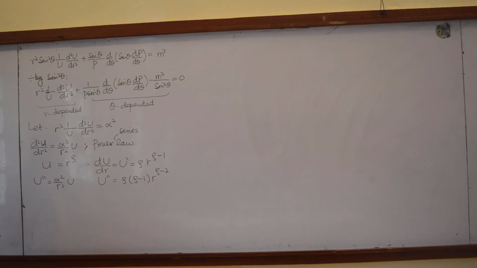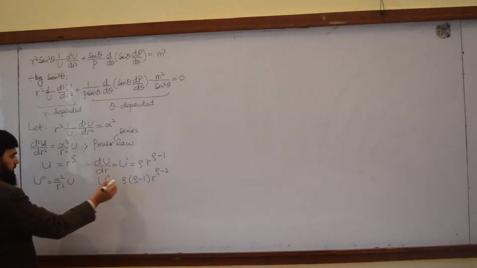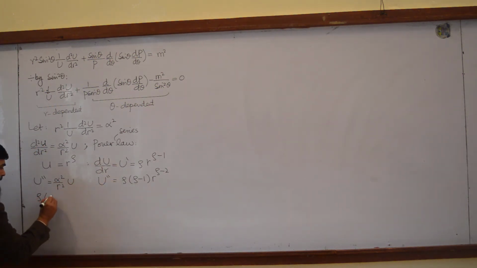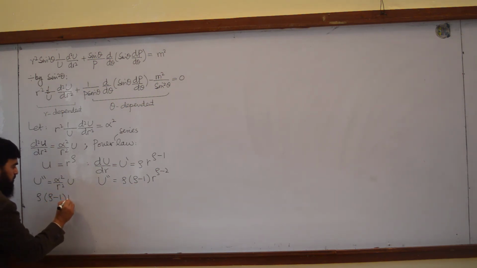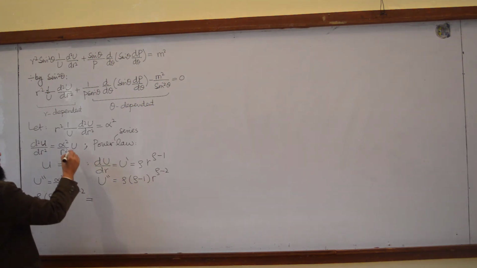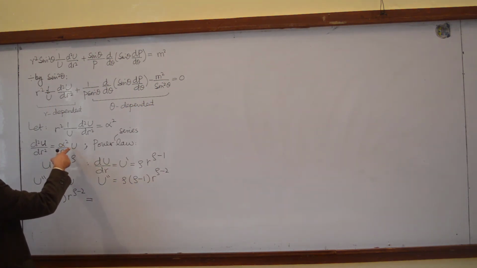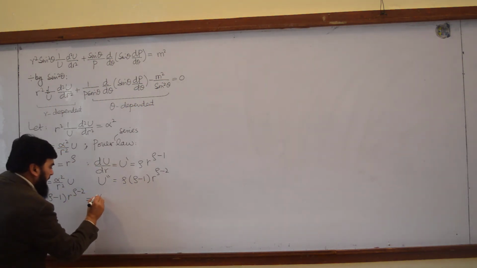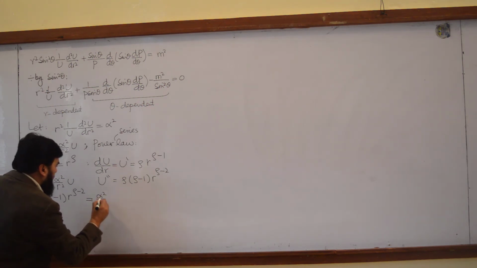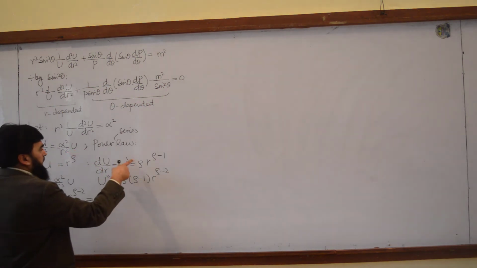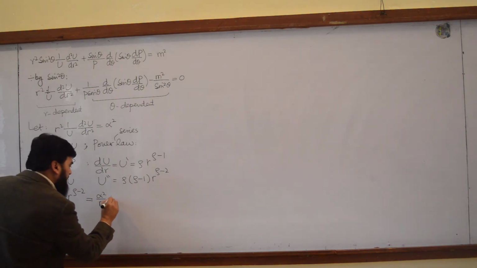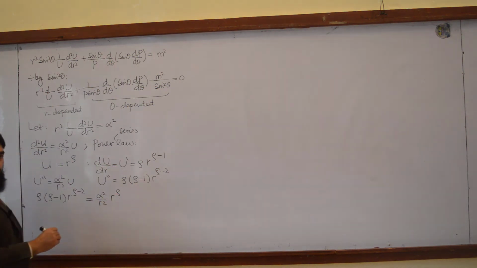So put these values, and this will come out to be, for d square u, rho into rho minus 1 into r to the power rho minus 2. This is equal to alpha square by r square, and for u I can write r to the power rho.